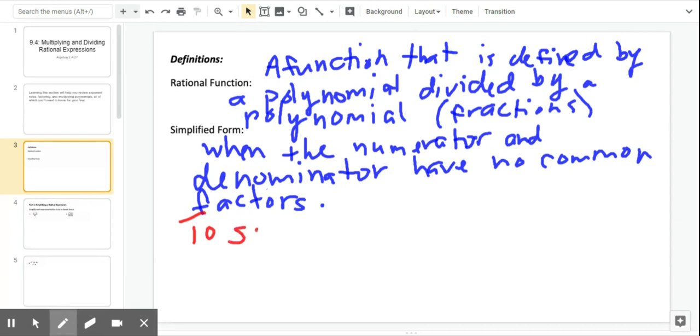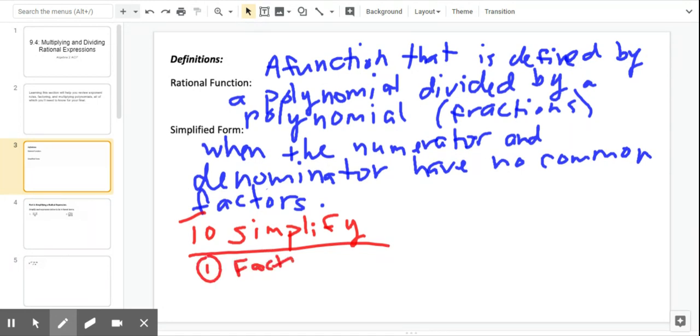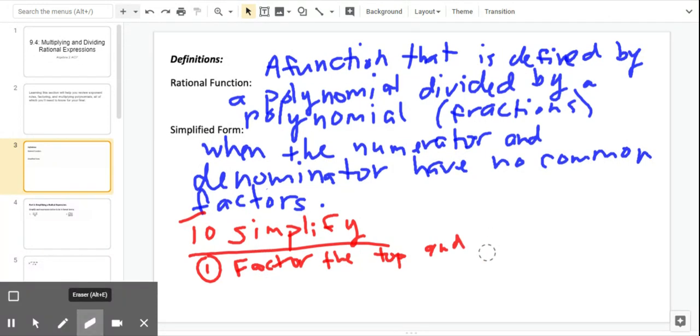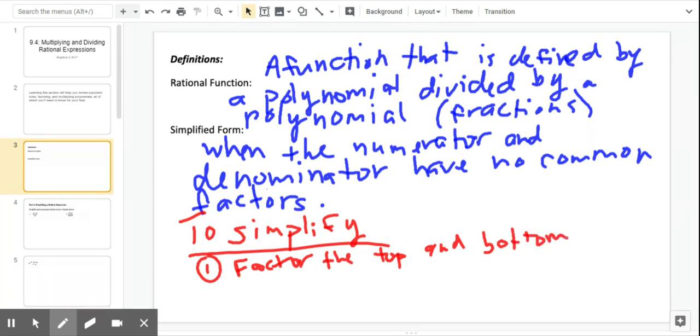In order to get a rational function in simplified form, here's what we need to do. To simplify, we need to factor the top and bottom, the numerator and denominator of your rational function.